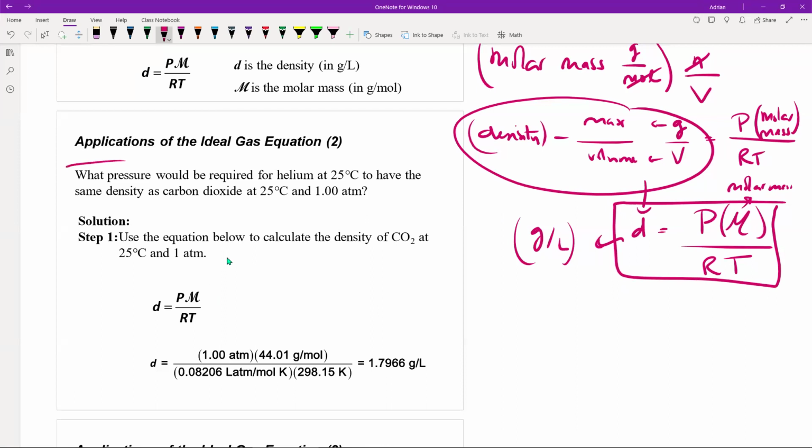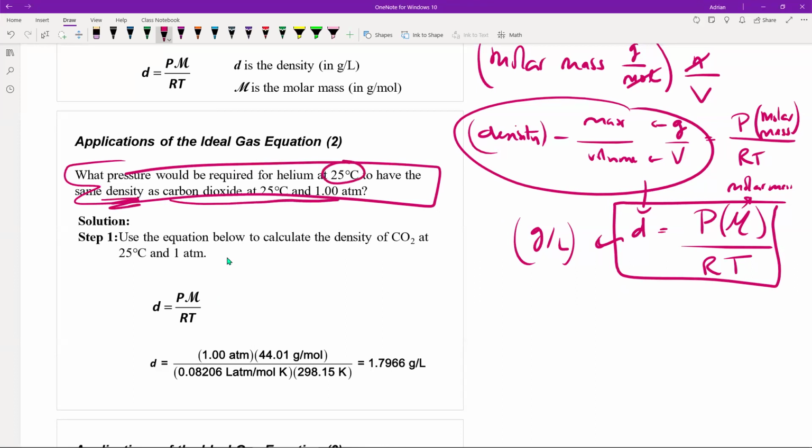So what pressure would be required for helium at 25 degrees Celsius to have the same density as carbon dioxide at that pressure and that temperature, right? If you have a question like this, you want to first of all determine the density of the carbon dioxide. You need to get the density of the CO2 using that equation.